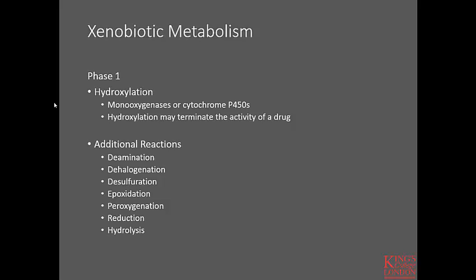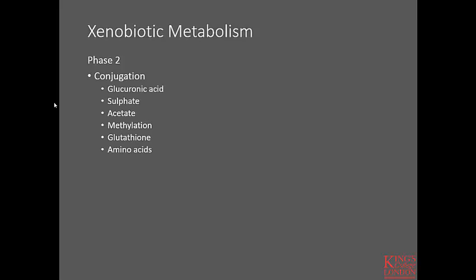But the main goal of phase 1 is to improve the water solubility of a particular chemical in order for it to participate in phase 2 reactions, which will then help it be recognized by the kidney tissue, the renal tissue, for excretion. So phase 2 involves conjugation.